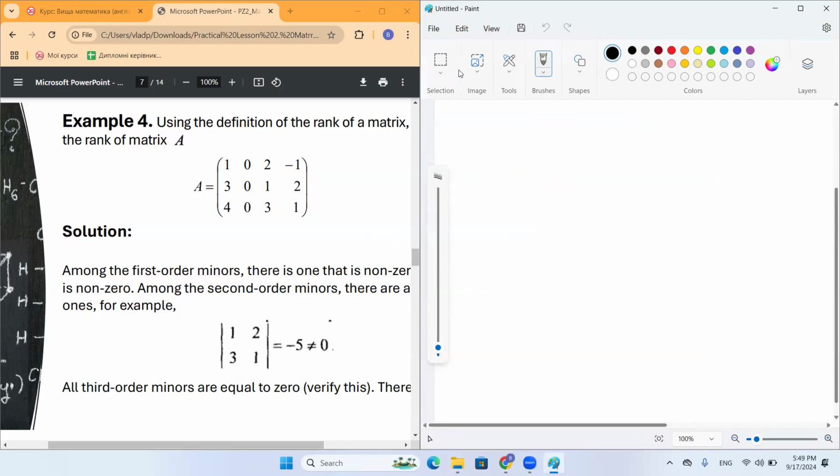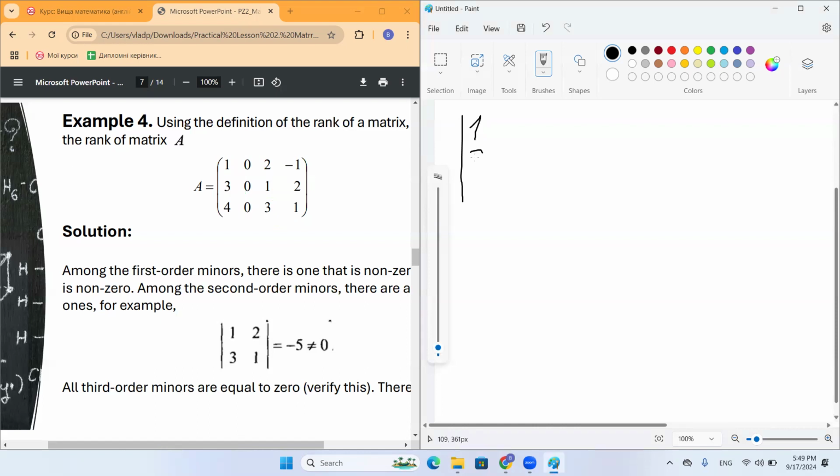So let's calculate, for example, like this minor. Equal to 0. Yeah, it will be equal to 0, but let's verify for this case.